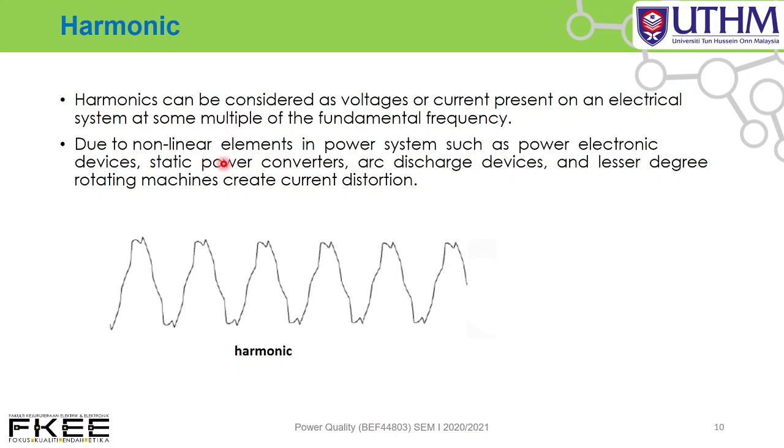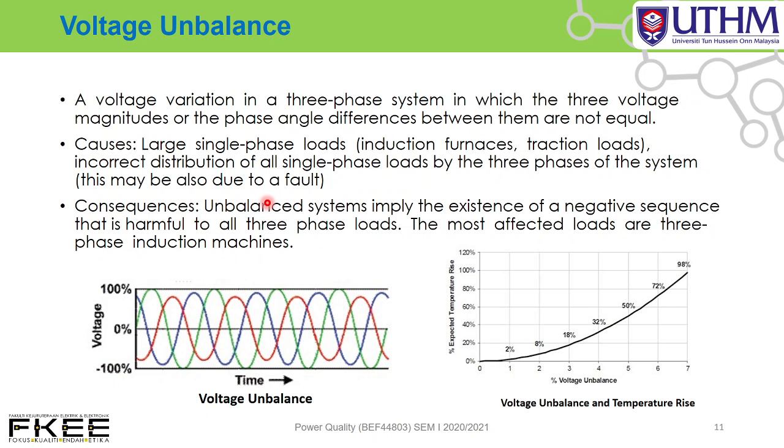This is due to the non-linear elements in the power system. We have non-linear loads, for example, power electronic devices, static power converters, arc discharge devices, and to a lesser degree rotating machines, that create current distortion. This is the common problem with non-linear loads.